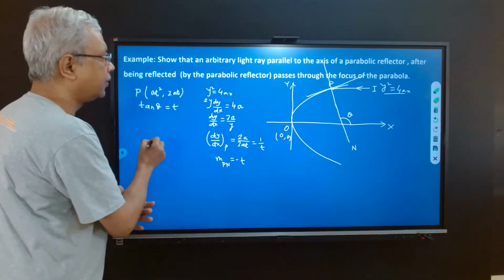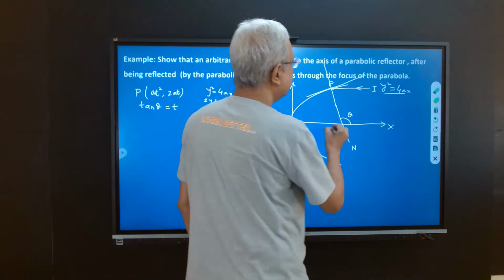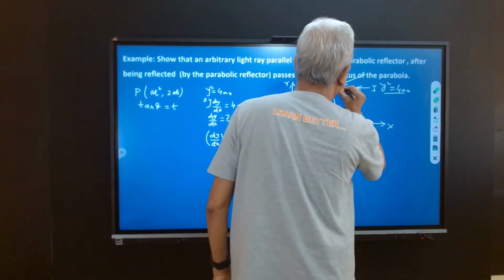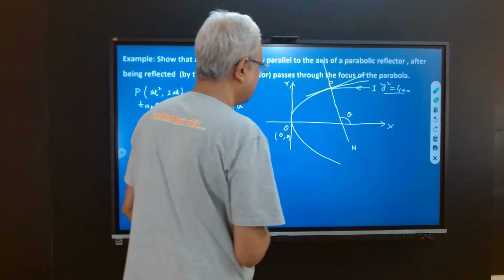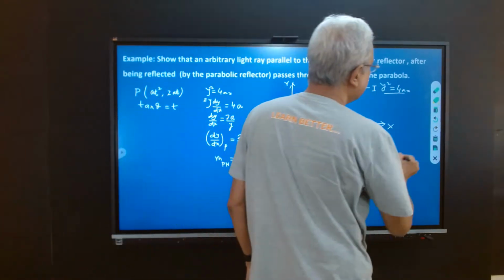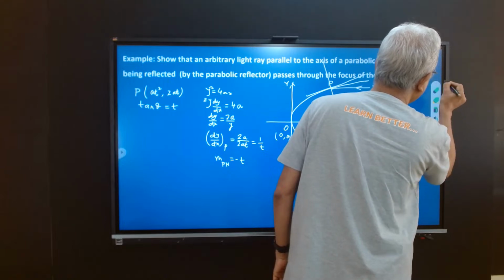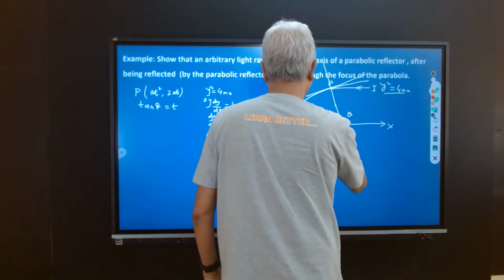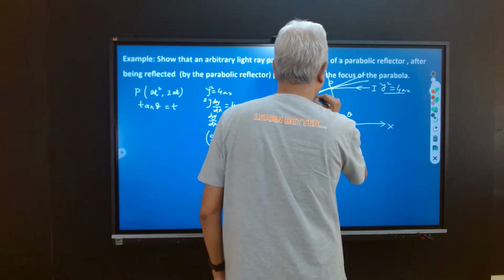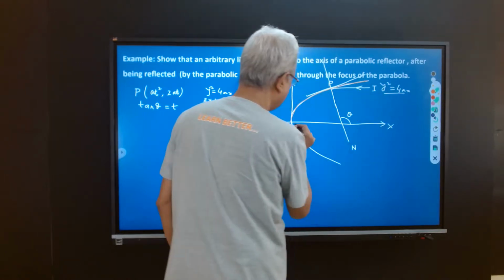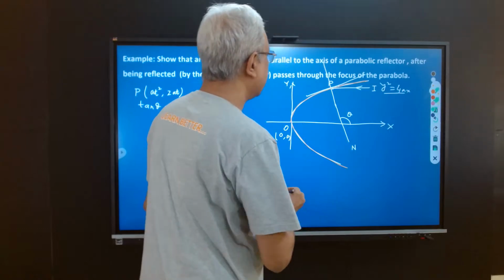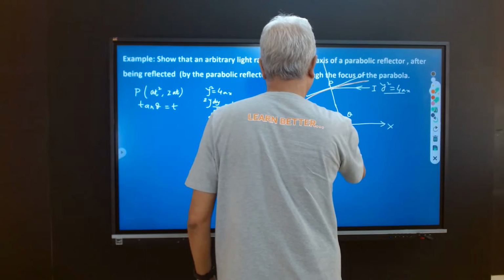Now, what is the angle of incidence? So this is the parabolic graph. Let me use a different color to indicate the parabola. So the parabola is this one, your curve is the parabola.